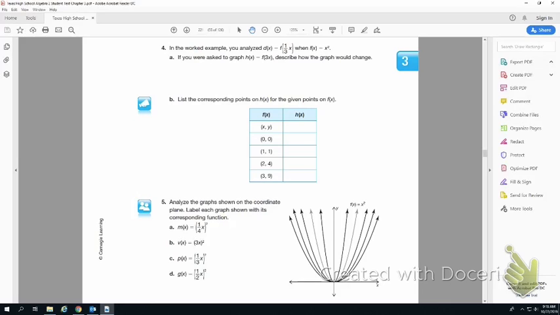So now, going back to what it was originally, if it was 3x squared, that's the equation this one's talking about, I would multiply all the x values by what? 1/3.